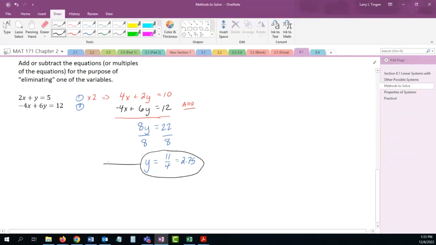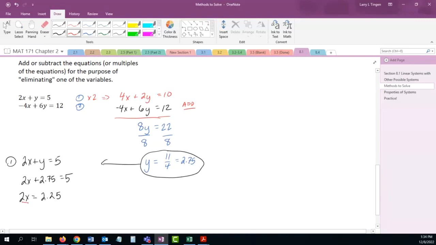Okay, so now I'm going to take that result and plug it back into one of the originals. Which one? I'm going to do equation 1 because I don't have to multiply the 2.75 by 6. So equation 1 says 2x plus y is equal to 5. Well, I said y is 2.75. And now I'm going to solve for the variable that I don't know, which is x. So subtract 2.75 from both sides. And 5 minus 2.75 is 2.25.